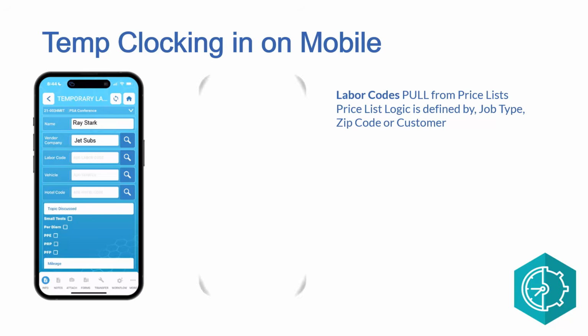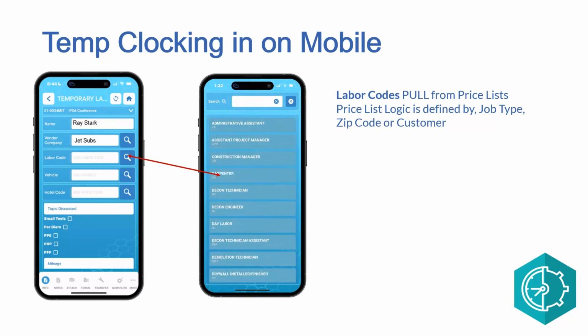job type. Once the labor code search icon is selected, the specific labor codes will populate, allowing the signed in user to select the specific labor codes. Now again, those labor codes are associated to a charge that is sitting in company settings.